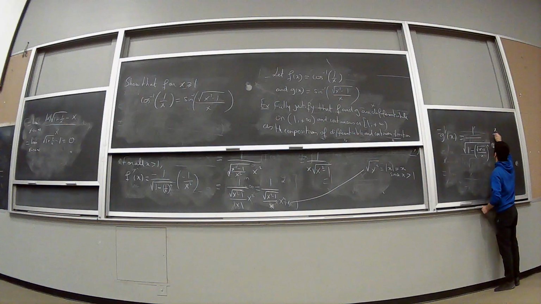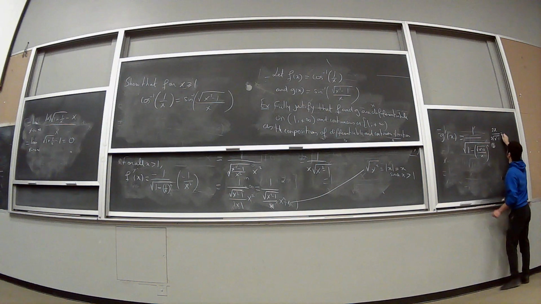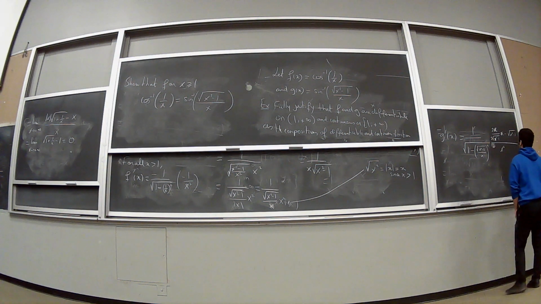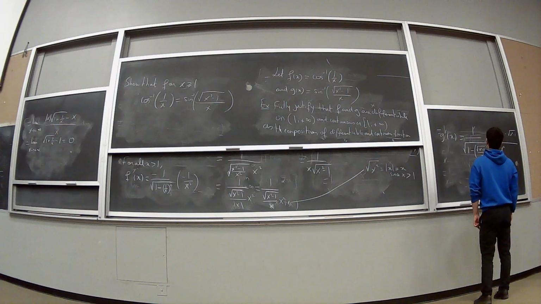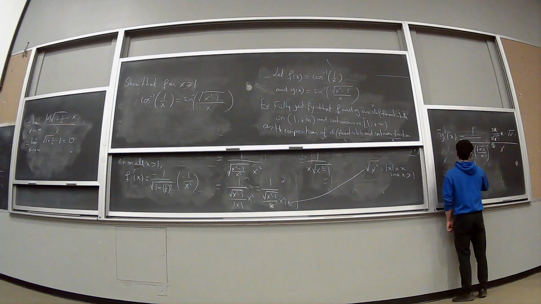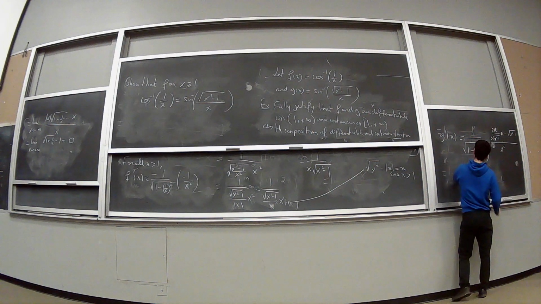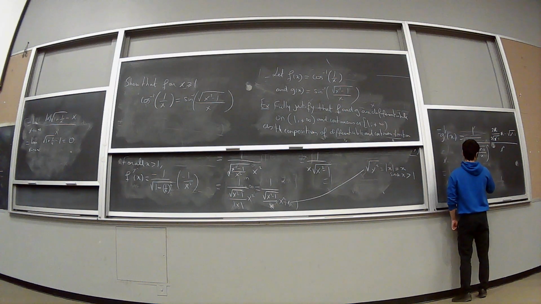So it's x over square root of x squared minus 1, or let's put 2x over 2 square root of x squared minus 1, times x minus square root of x squared minus 1, over x squared. Let me put my x's in one way. Okay, great. What is that? This is just 1 minus x squared minus 1 over x squared.